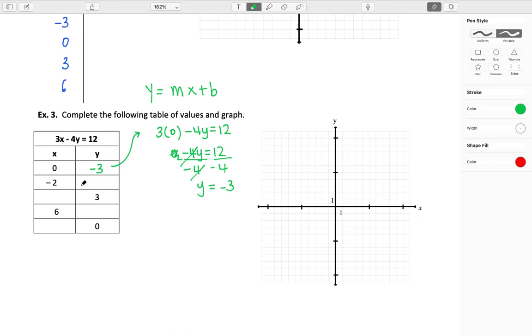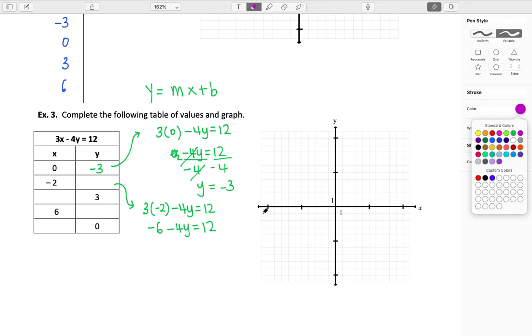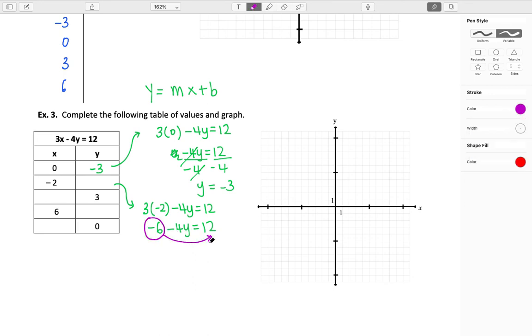On the other hand, what about this one? So we will be plugging in -2 here. So 3 times -2 minus 4y equals 12. 3 times -2 is -6 minus 4y equals 12. I'm going to move -6 to the right by collecting like terms.